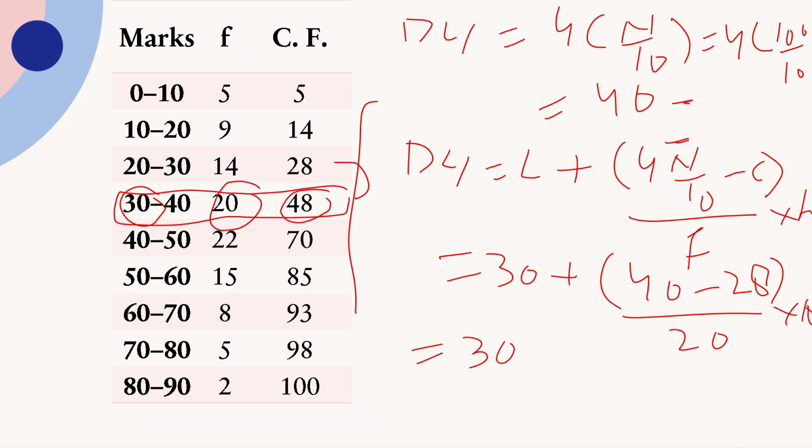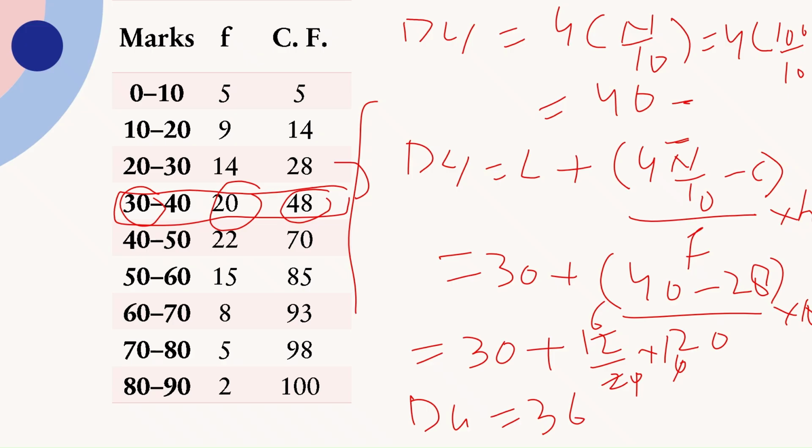On simplifying, we get 12 divided by 20 into H, which is 10, so 6, so 36. So D4 is equal to 36. So the fourth decile is equal to 36.